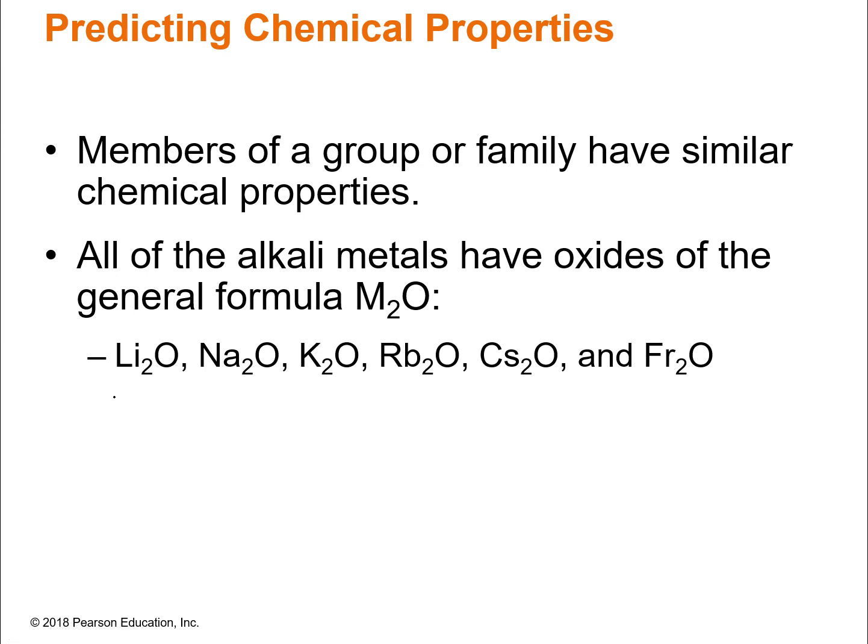So again, we're looking at group 1A, and we're looking at the compounds that these alkali metals form with oxygen. They all have the same general formula of M2O, where M is your metal element. This is for group 1A. They all look the same.